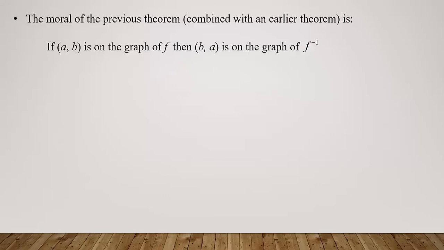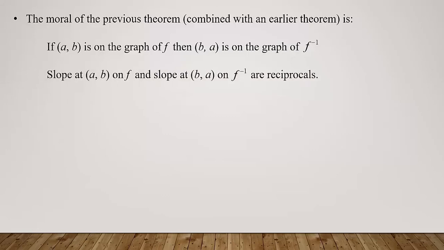What the theorem we just proved, g prime of x equals 1 over f prime of g of x, is telling us is that the slope at point (a, b) on the graph of f and the slope at point (b, a) on the graph of the inverse function are reciprocals.